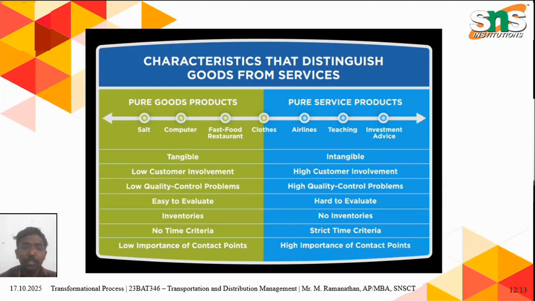In the production of goods, inventories will be more, whereas in services there is little inventory, because of technological improvement and human resources.